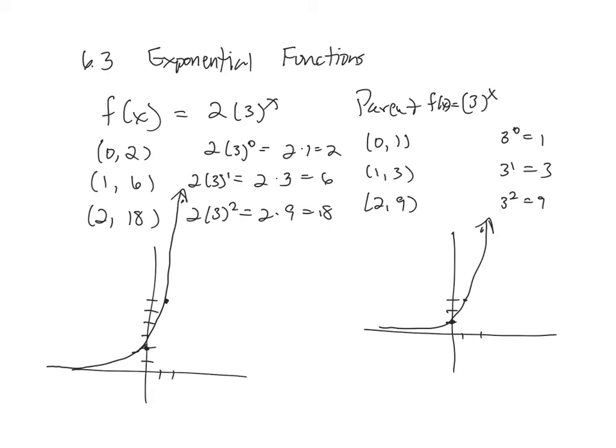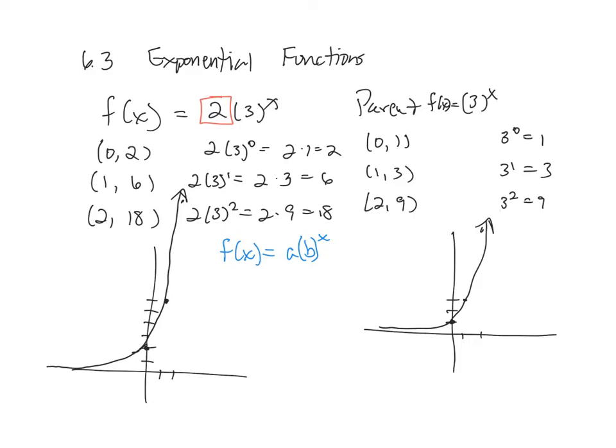Okay, and so what makes it go up a lot faster is the 2 that's in the front. That's really where the information that we're going to be dealing with today is, in the front. So if you remember yesterday, we said that all these graphs are in a times b to the x power form.